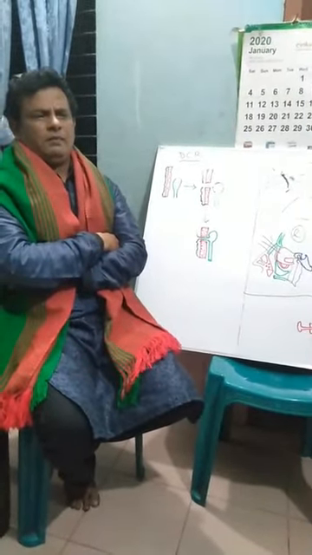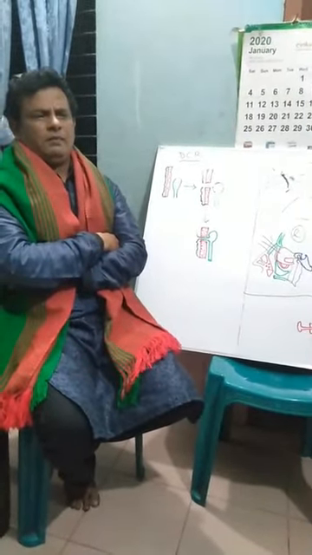Lacrimal drainage system is nothing but the formation of tear and the fate of tear: from where the tear film is formed and where it ends. That is the lacrimal drainage system.